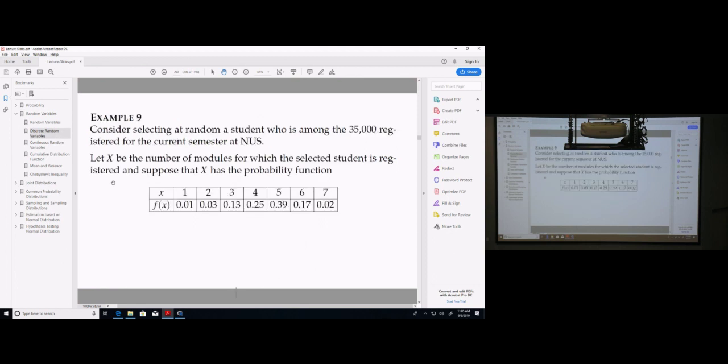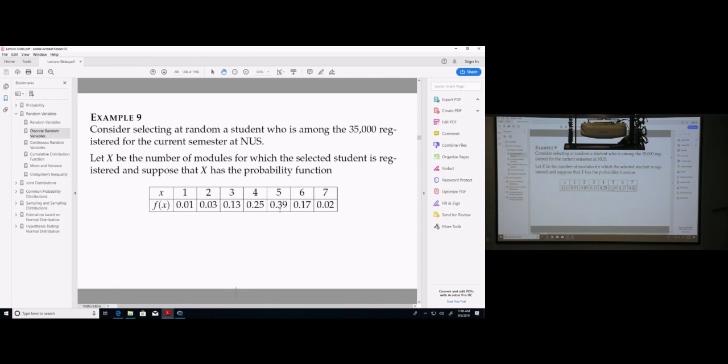Consider selecting at random a student who is among 35,000 registered students for the current semester at NUS. So NUS has about 35,000 students, and let X be the number of modules for which the selected student has registered, and suppose X has the probability mass function in this way. So these are fairly reasonable numbers.